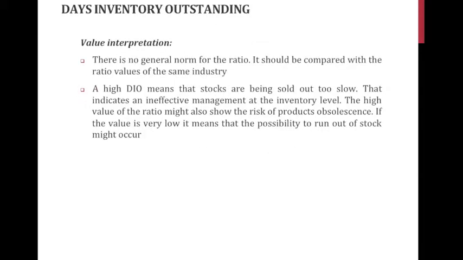So, value interpretation. Of course, there are no general norms for this ratio and it should be compared within the same industry, but in general, high days inventory outstanding values mean that stocks are being sold too slowly.